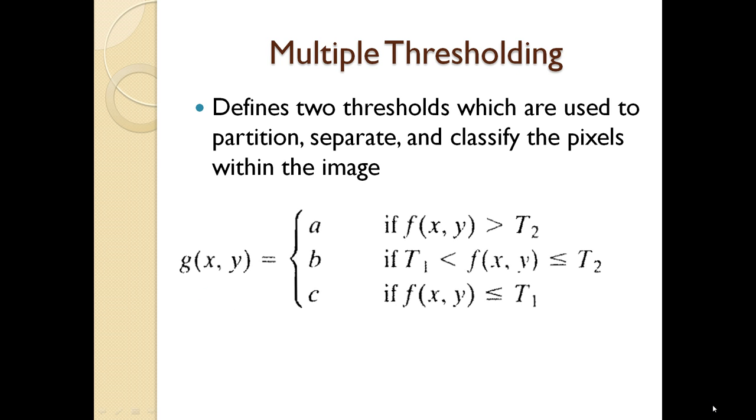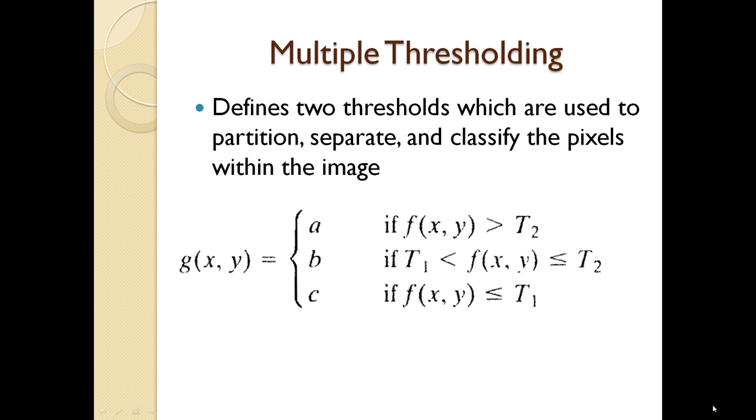First, I'll talk about multiple thresholding, which generally defines two thresholds that are used to partition, separate, and classify pixels within an image. It's basically the same idea. The only difference now is that you have two thresholds instead of one.